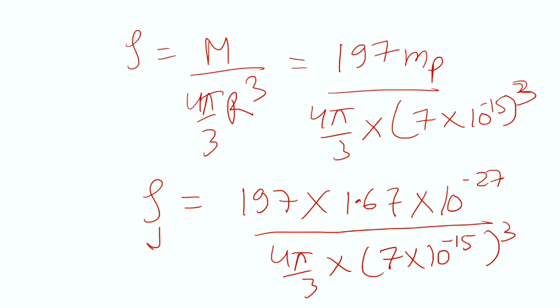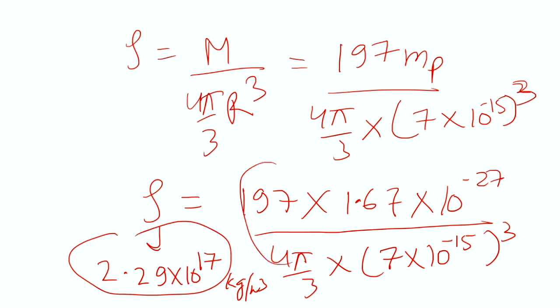When you solve this, you get 2.29 into 10 to the power 17. And the unit is kg per meter cube. This is the density because all of these are in SI units. This is our second part.